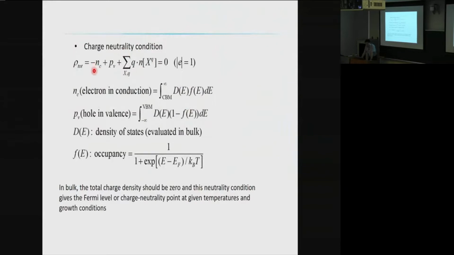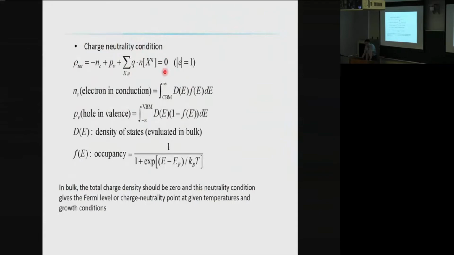By adding up all of these, you have the total charge in your system. Since the bulk material should usually be neutral, because if it is charged it will cost an extremely large amount of energy, it is effectively almost neutral. Therefore, you can impose the charge neutrality condition by setting this to 0.